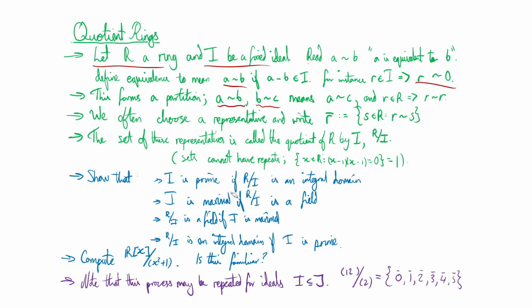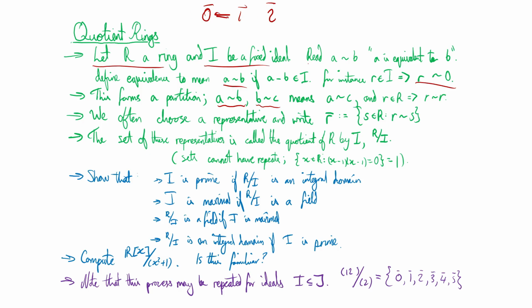But it forms a partition because every single element is in a class, and also these classes are completely disjoint. So for instance, the odd numbers and the even numbers. You can't have a number which is both odd and even. The multiples of 3: you can't have a number which is a multiple of 3 and also 1 more than a multiple of 3, or 2 more than a multiple of 3 at the same time.